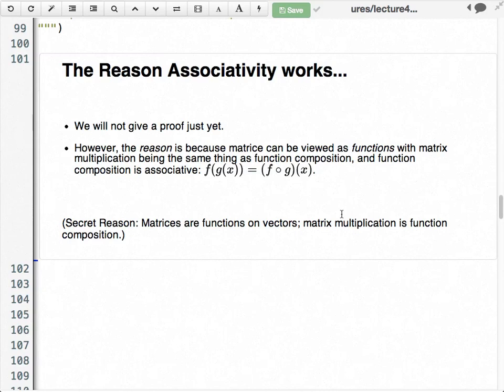So if you imagine the space of all column vectors, of all vectors with n entries, then given any vector with n entries, you can apply the matrix, and you get back another vector with n entries.